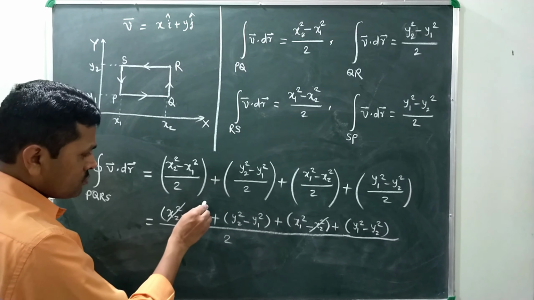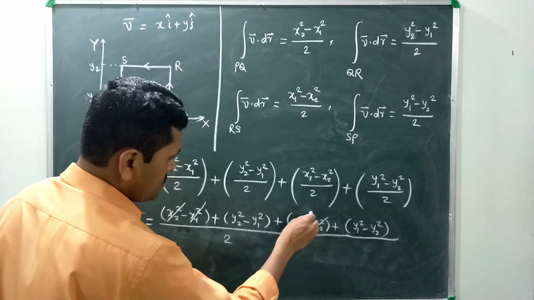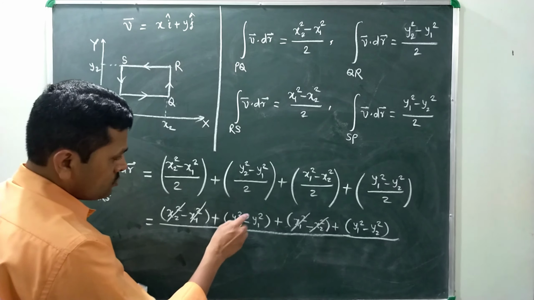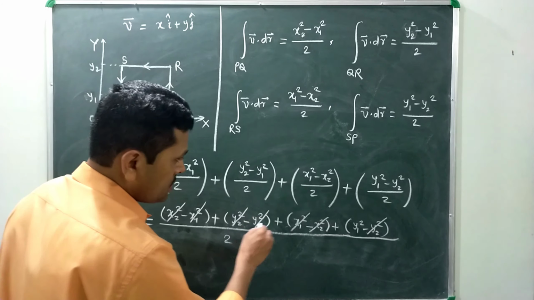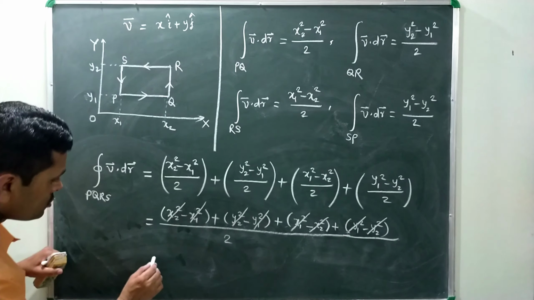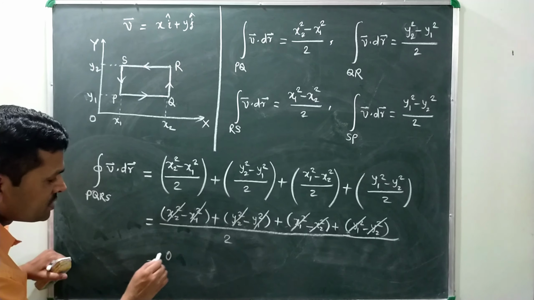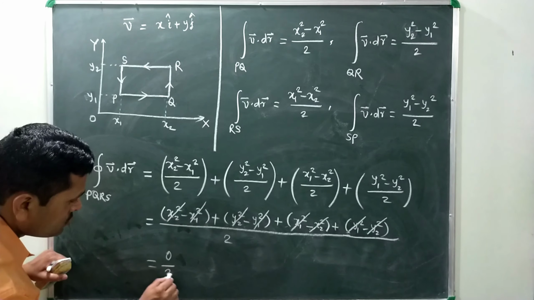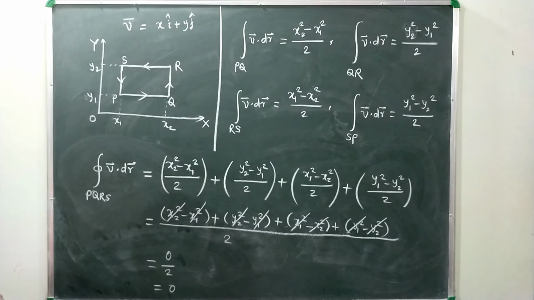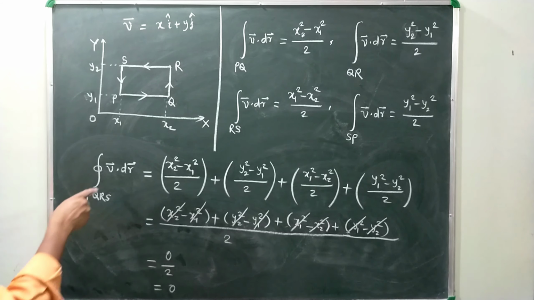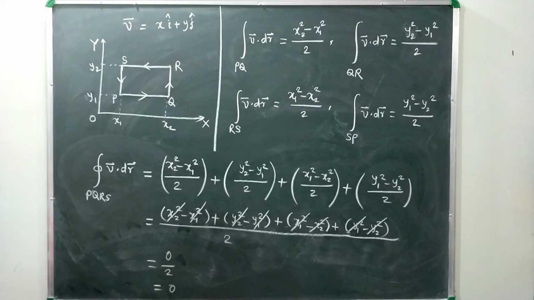Here minus x1 square, here plus x1 square, plus y2 square minus y2 square, minus y1 square plus y1 square. So in the numerator we will have 0. So 0 upon 2 means 0. So what we are getting here is a 0 value for this line integral. This means vector v is a conservative force field, a conservative vector field.